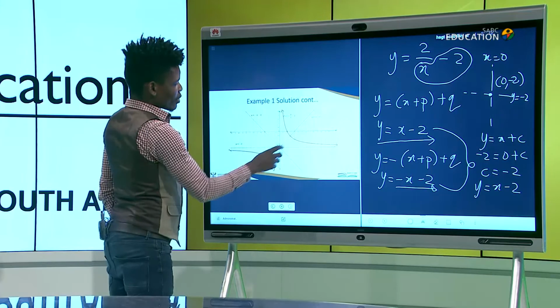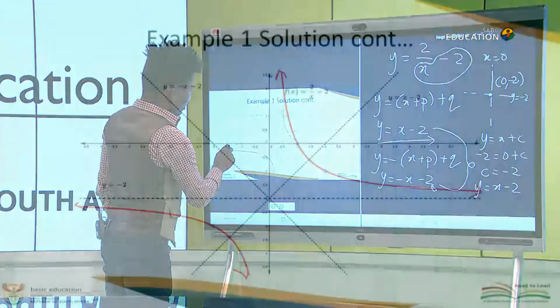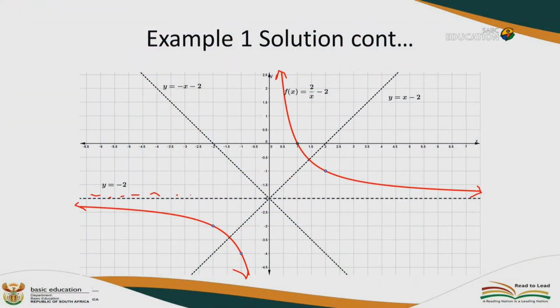So there should be arrows there. We can clearly see that this is our horizontal asymptote, which is at y equals negative 2. And here is our vertical asymptote. This is at x equals 0, which is the same as the y-axis.